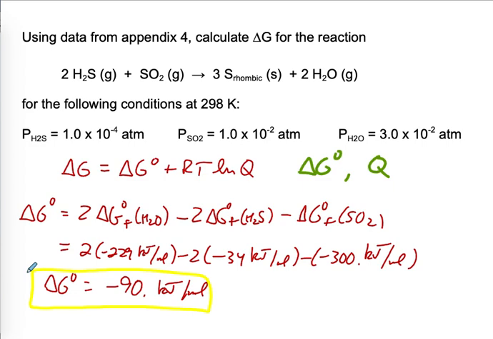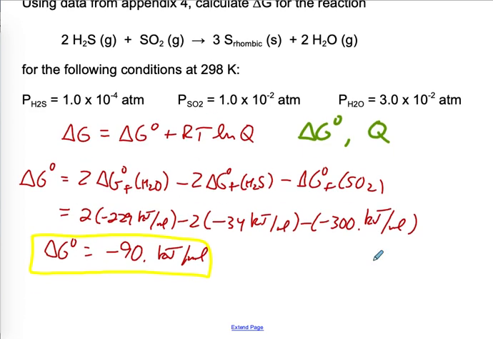Now, to calculate Q, the reaction quotient for this reaction, I'm going to write out the Q expression. Q is equal to the partial pressure of water vapor squared divided by the partial pressure of hydrogen sulfide squared times the partial pressure of sulfur dioxide.